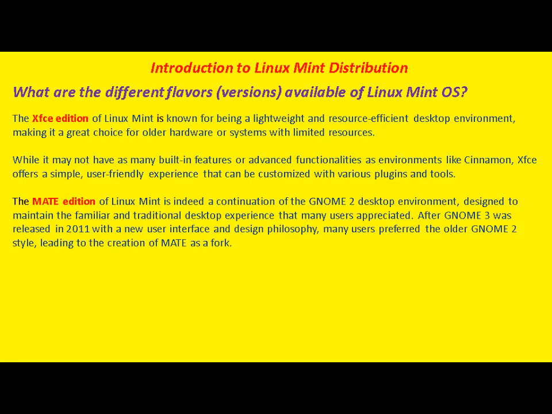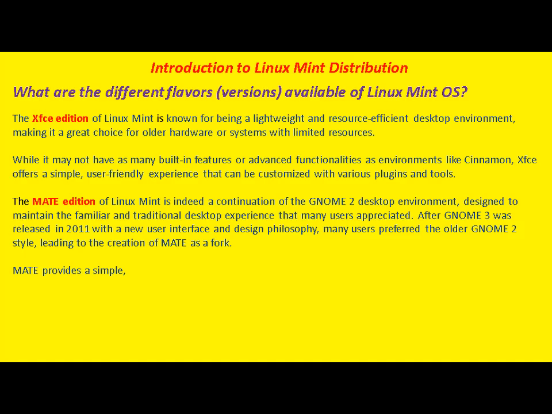As we all know, some users are very much attached to older desktop technologies and are comfortable with them. So, targeting that audience, the MATE edition has been introduced for Linux Mint.